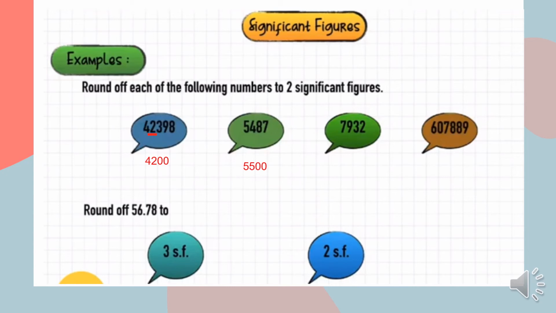So how about 7932? Okay, for 7932, you have to underline 9, and then you compare 9 with 3. Once you compare 9 with 3, you will get 7900 because 3 is not more than 5.